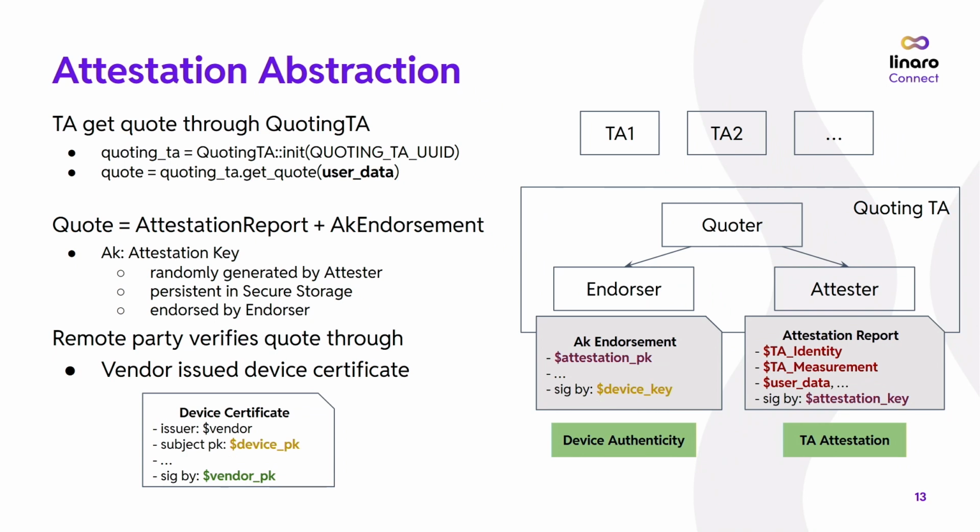I'm not sure how you define the replay. The ideal use case is that you establish a new session every time you want to talk to a trusted application. Yeah, every time you establish a new connection. I think that's how RATLS is designed, right?